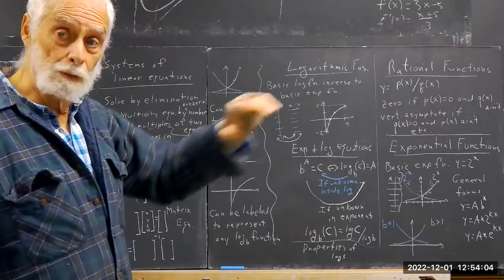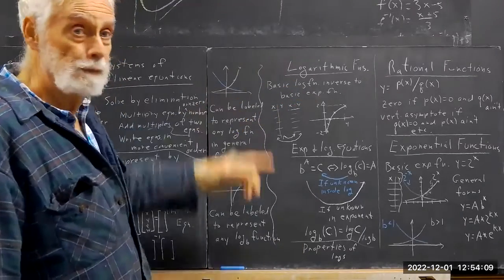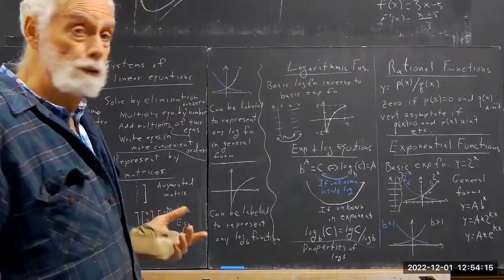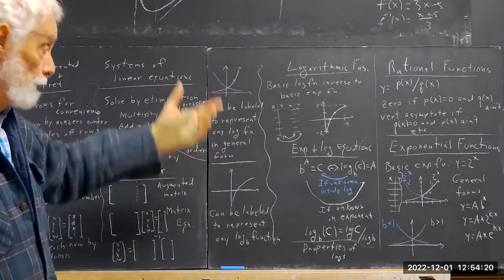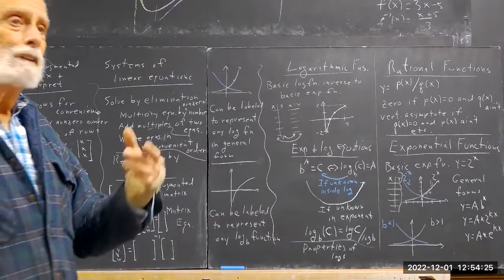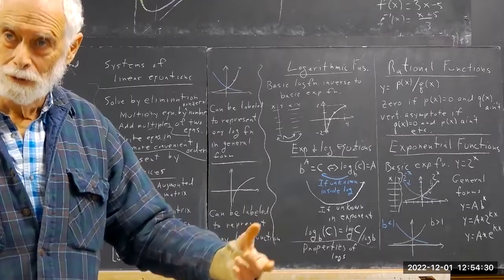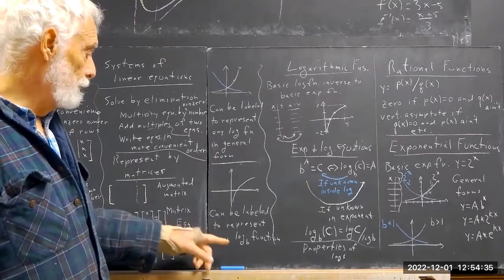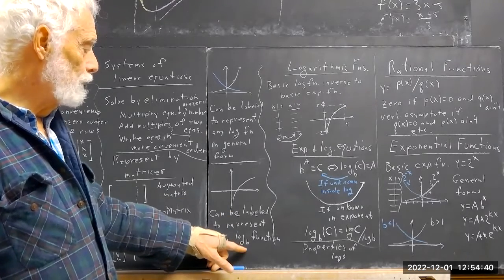Depending on whether you have an increasing exponential or a decreasing exponential, you can label this graph to represent that function. It's very easy to do. We'll talk about the details, but you just take that shape, label it as you wish, or as it would be labeled to represent whatever situation you're trying to represent. Okay. And same thing here. This could be relabeled to represent any log-base-b function.